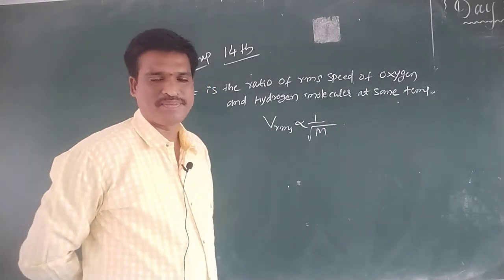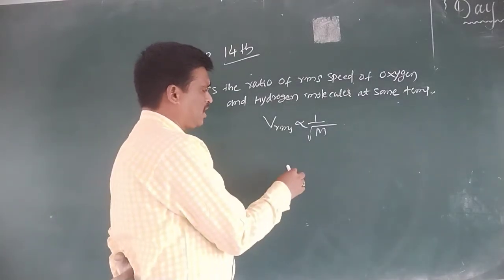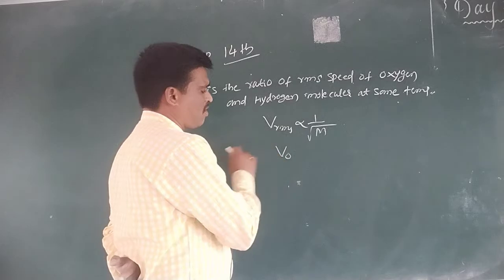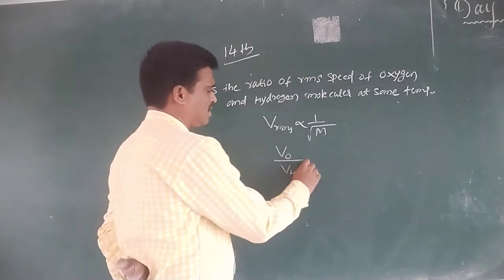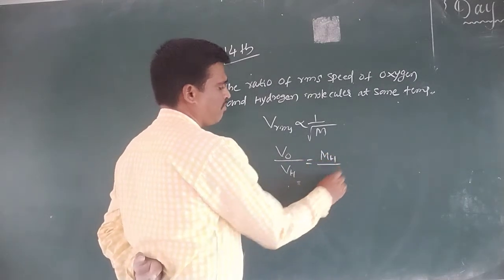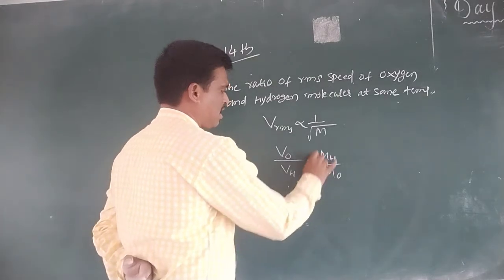This is the formula. Clear? You know that the velocity of oxygen over the velocity of hydrogen is equal to the square root of the molecular weight of hydrogen over the molecular weight of oxygen.